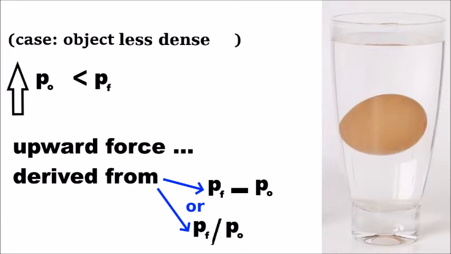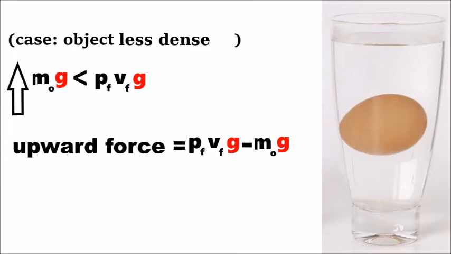Somehow, this is supposed to produce an upward force. While in mainstream science, the upward force is a result of subtracting the mass multiplied by g from the density of the liquid multiplied by the volume displaced multiplied by g.